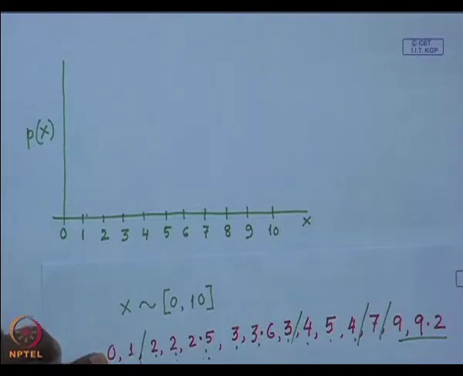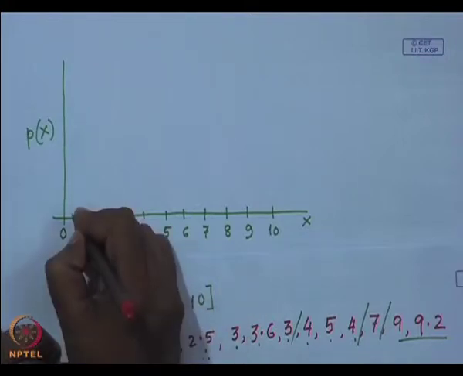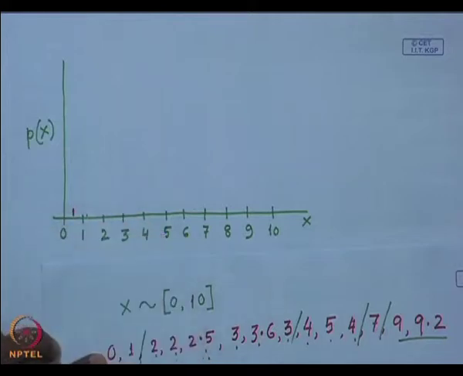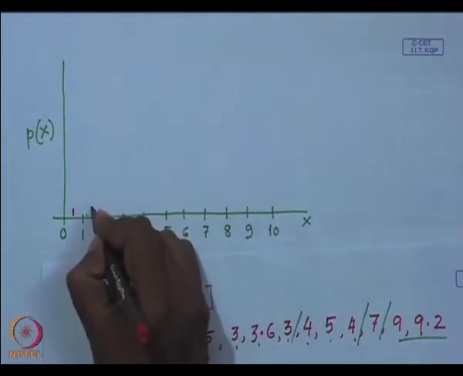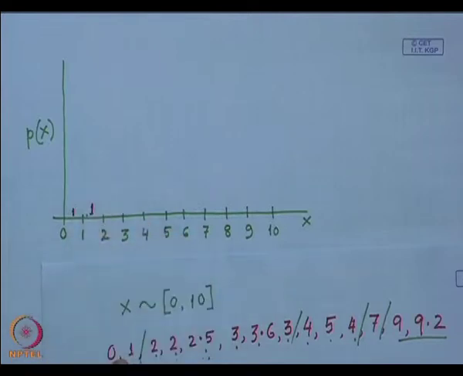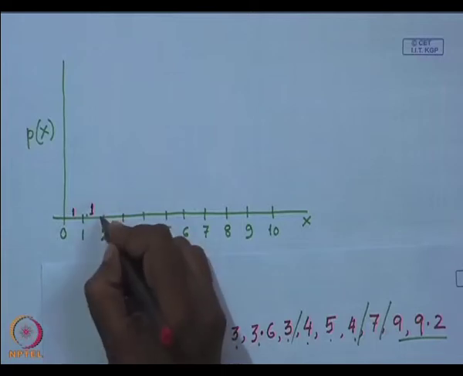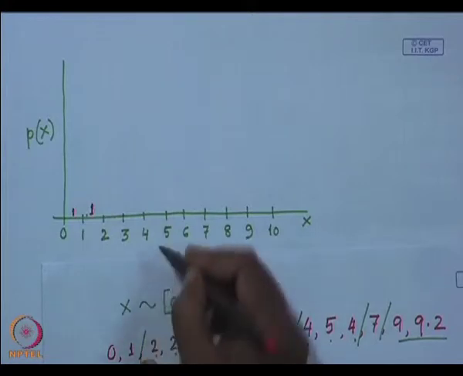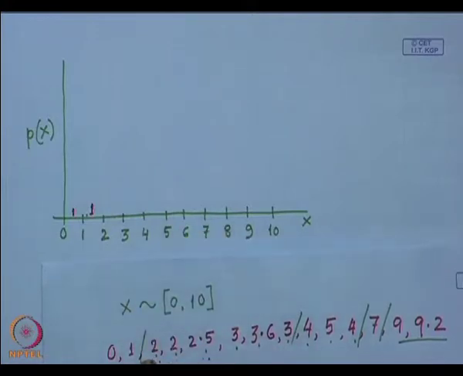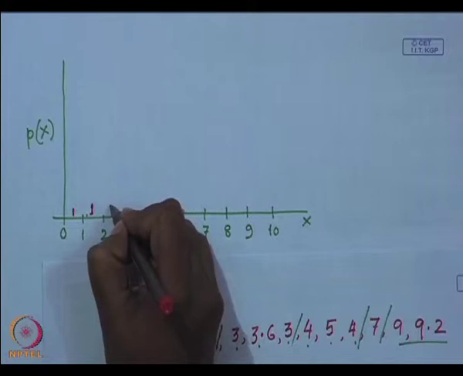So, the number of samples falling in this bin is equal to 1. Similarly, the next sample 1 falls in the next bin, so the number of samples falling in this bin is equal to 1. Then 2, which is on the boundary, I will assume falls in the next bin. So, the next bin contains 2, 2 and 2.5. These are the samples contained in that bin, so the next bin contains 3 samples.